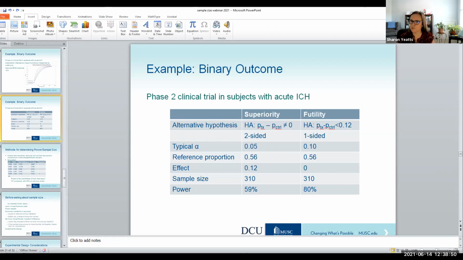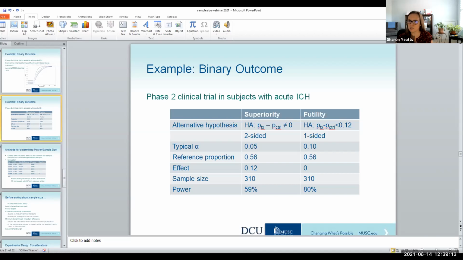I've kept the reference proportions the same so you can see the impact. The effect size that you're detecting here is 0. So actually what you're saying is, if the 2 interventions are exactly the same, I want to be able to detect this difference with 80% power, or with whatever power.